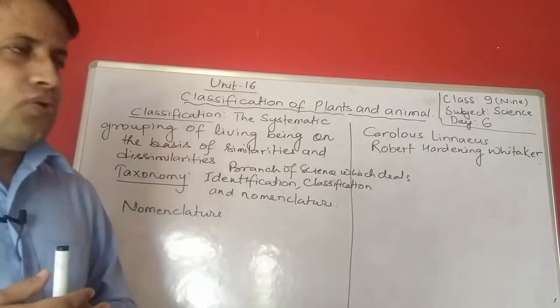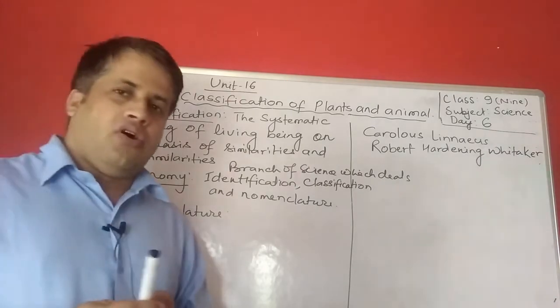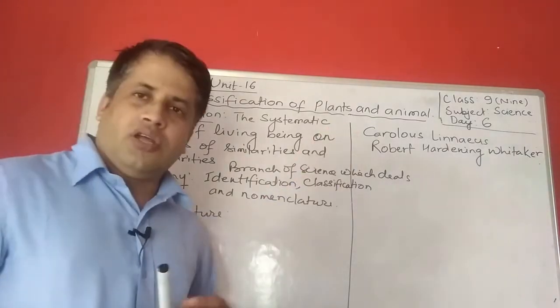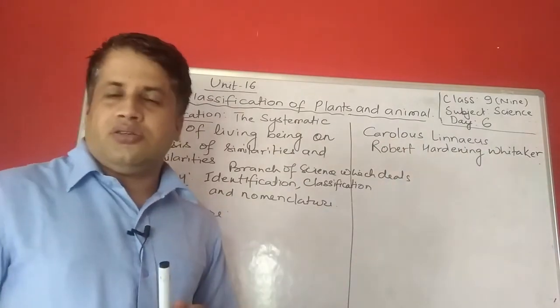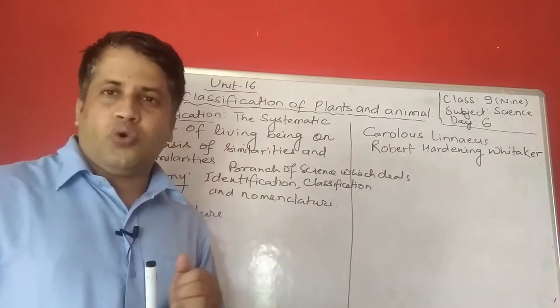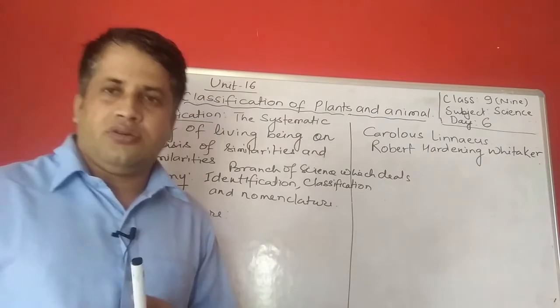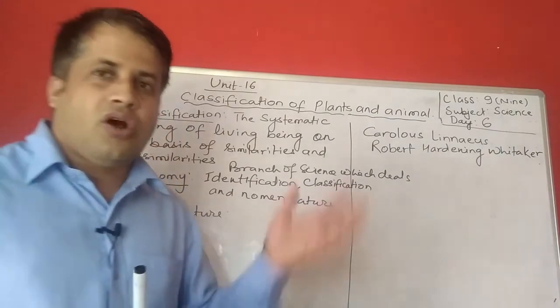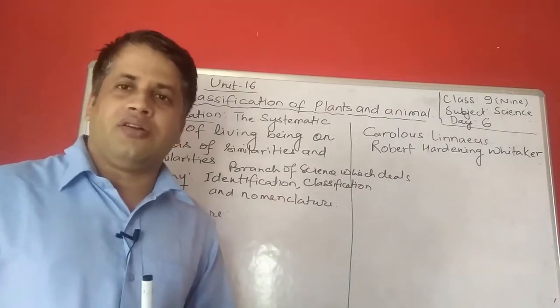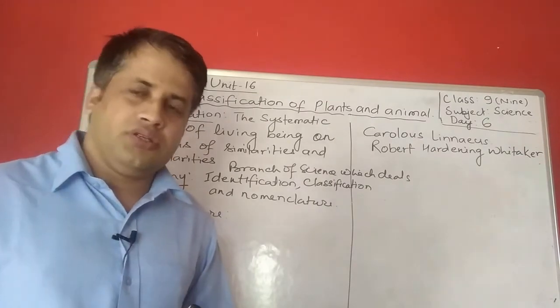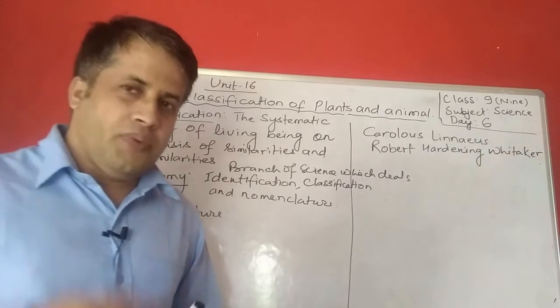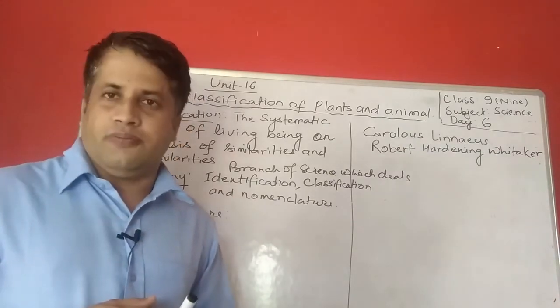We all know Carolus Linnaeus, the first botanist or biologist, who is also known as the father of taxonomy. He made a great contribution to the nomenclature of living organisms.